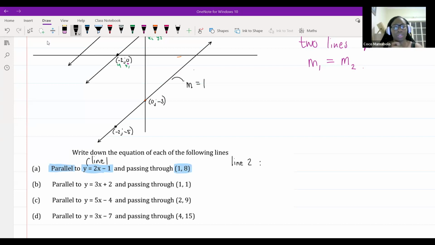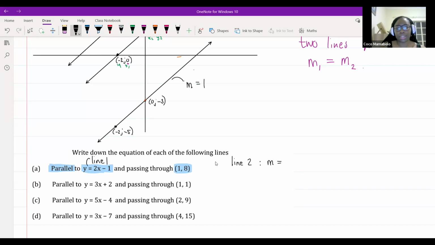Who has figured it out yet? If I'm looking for a line that is parallel to line 1, line 2 will have a gradient equal to how much? It's equal to 2, correct.